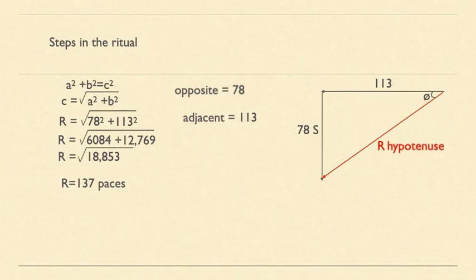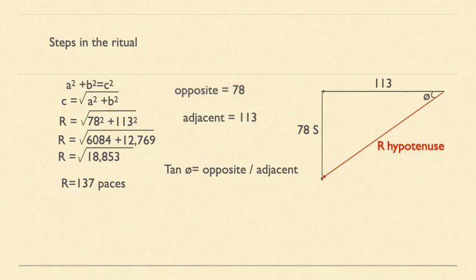Well, if you want to know that angle, if you know 2 sides of a right triangle, you can use sine, cosine, or tangent to find it. And actually we've got all 3 sides here, but since the ones that we originally paced out, or were from the actual data, are the 78 and the 113, that means we've got the opposite side and the adjacent side, and the trig law that deals with opposite and adjacent is tangent.